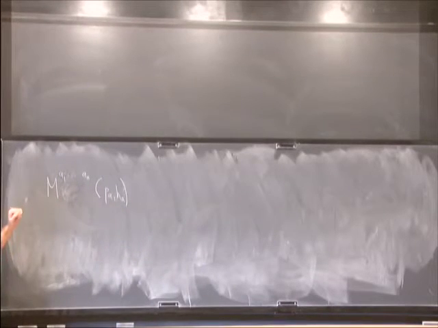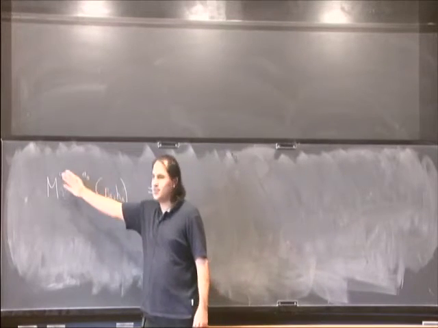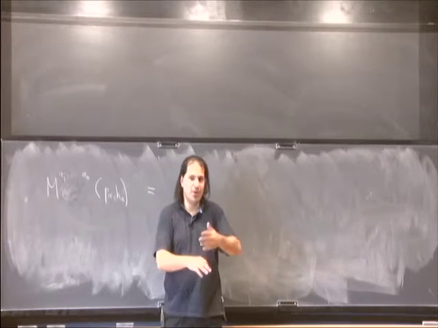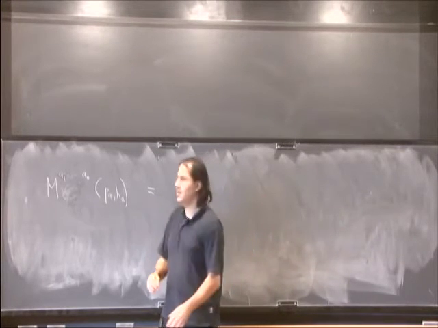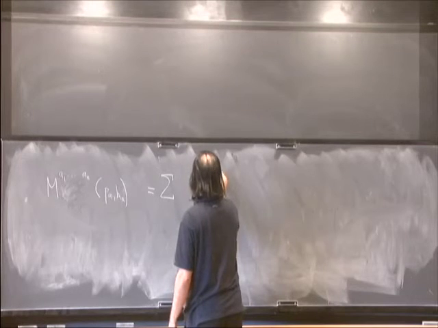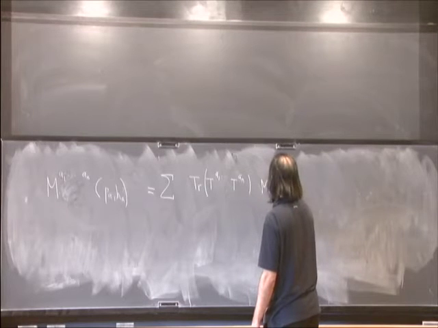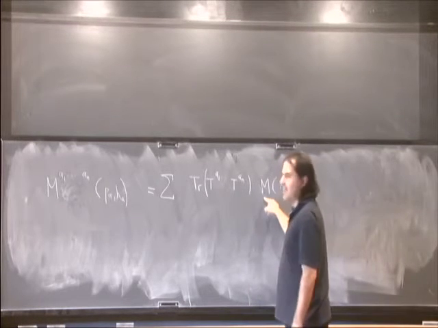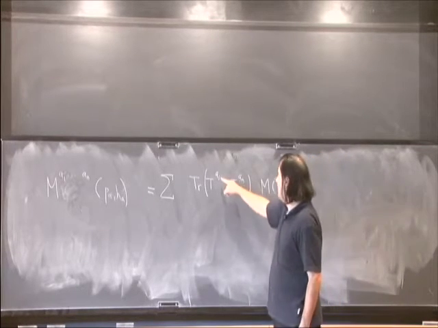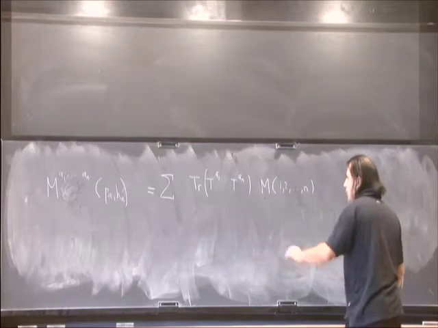However, and this is the important point, whether it's planar or not, we can always organize the dependence on the color indices as a sum of traces over the generators in any representation we like, let's say the adjoint representation. So we have a sum over things that look like trace T^{A1} to T^{AN} times something that only depends on 1, 2 up to n, and no longer has any dependence on the color indices.